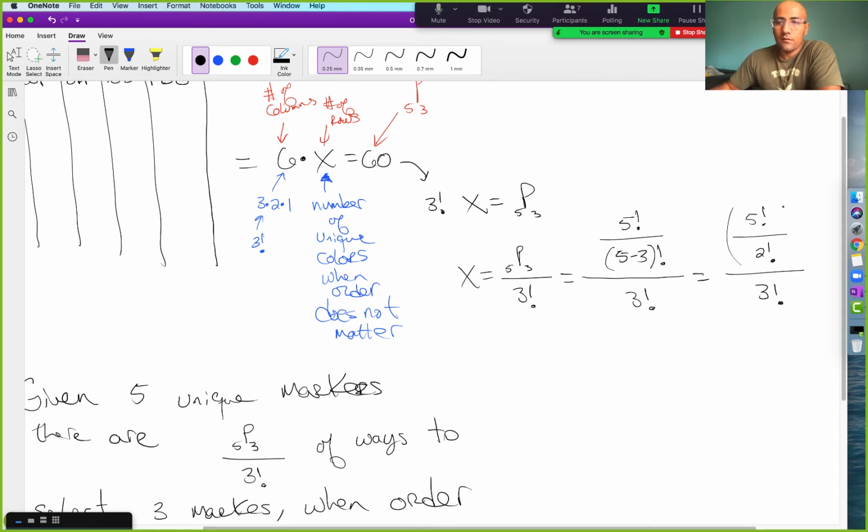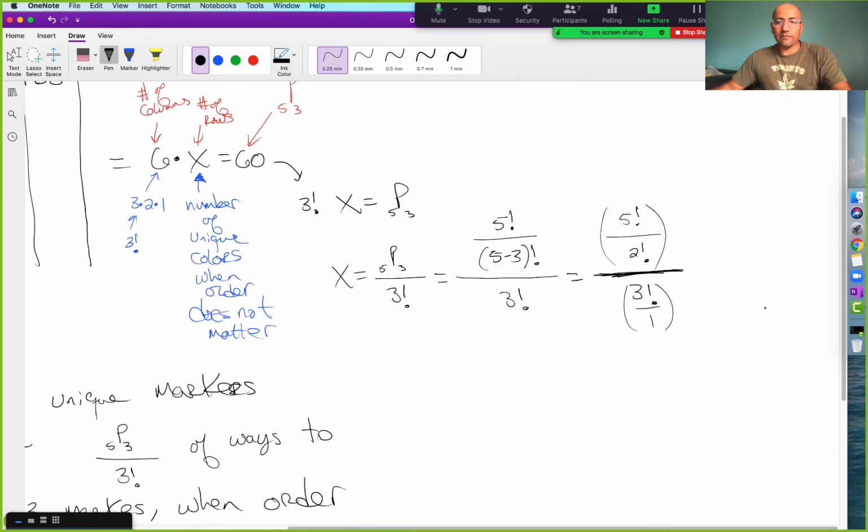Good. And now we have a giant fraction where the numerator itself is a fraction. We can think of the denominator as a fraction if we put a little 1 underneath it. So how do we simplify a giant fraction where the numerator is a fraction and the denominator is a fraction? We multiply the numerator times the reciprocal of the denominator.